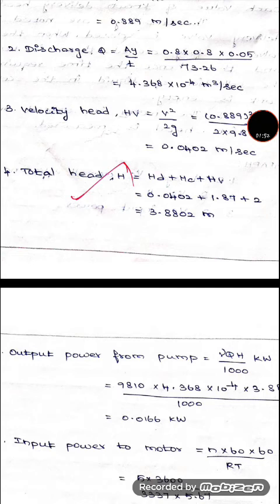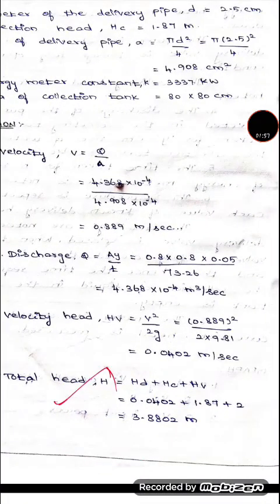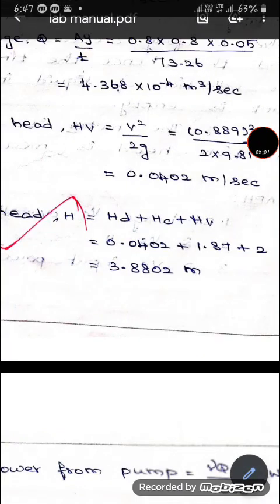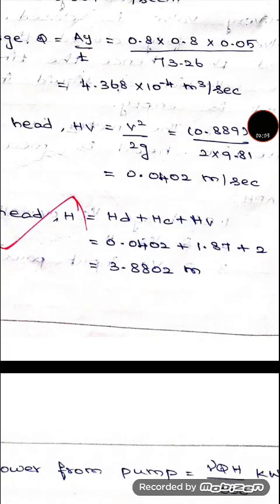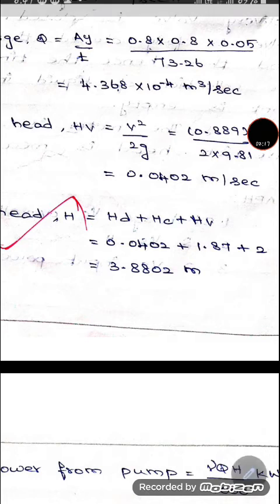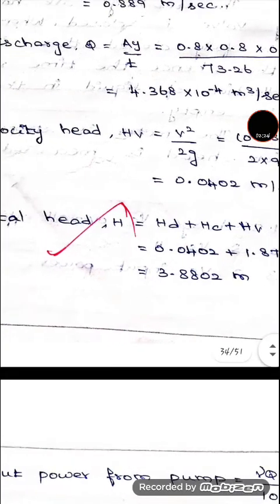So here the area of the collection tank is given as 80 centimeter by 80 centimeter, which is substituted as 0.8 meter by 0.8 meter into the y value, which is taken as 5 centimeter. So substitute in terms of meter, divided by the time taken for the rise of water, which is 73.26, taken from the tabulation. So which is equal to 4.368 into 10 to the power minus 4 meter cube per second.